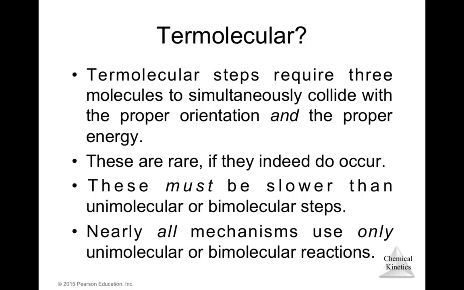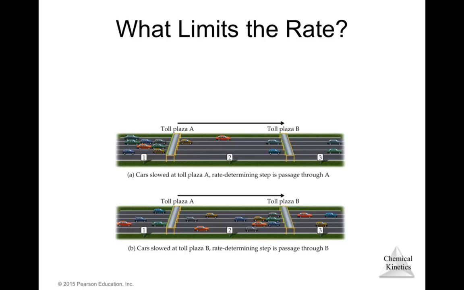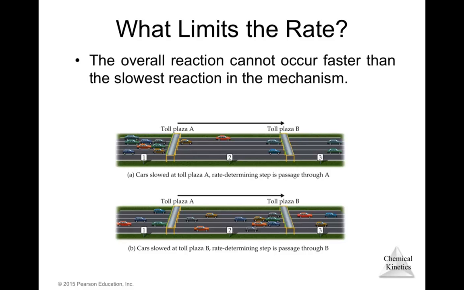So it's interesting that if we have different numbers of elementary steps, the probability that one of those is going to be slower than the others is high. So what limits the rate? The overall reaction cannot occur faster than the slowest reaction in the mechanism.